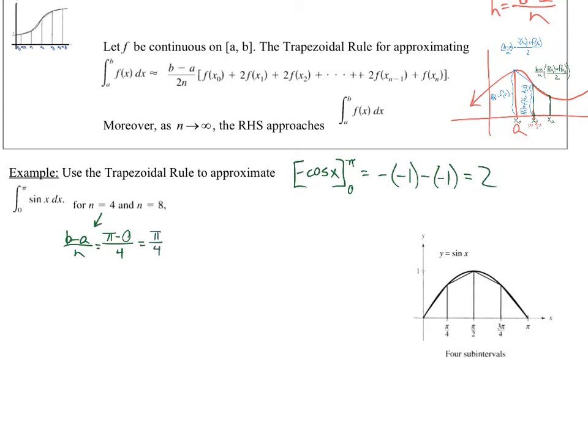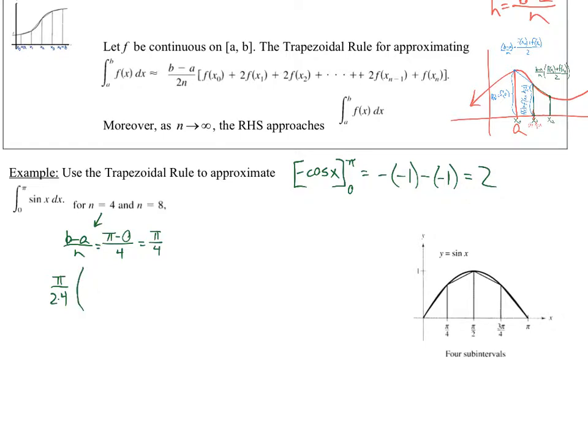And you can see on the picture over here, it's already drawn with n equal to 4. Okay? So, using our formula, we can say that this is going to be approximately pi over 2 times 4, because it's b minus a over 2n, and then we have to multiply.